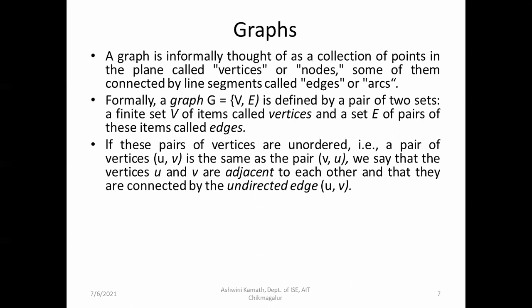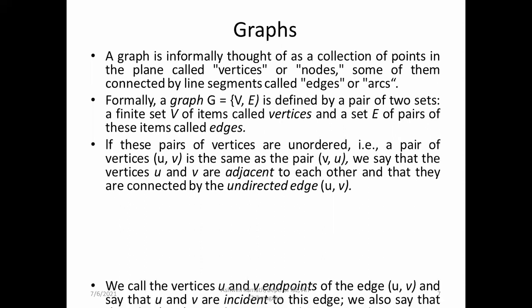We don't have any direction, whether from U to V or V to U. When we don't have any direction, it is called an undirected edge, and the vertices are adjacent to each other.